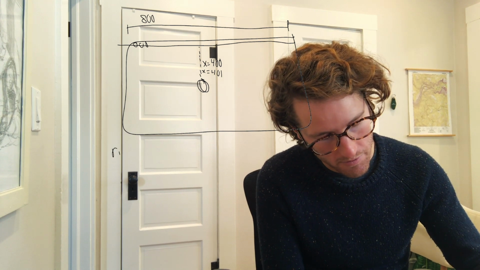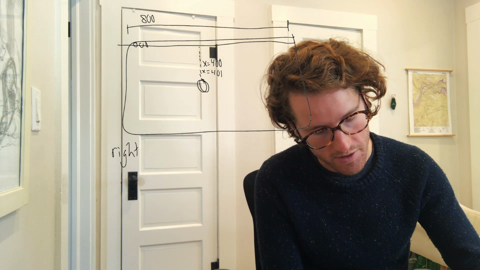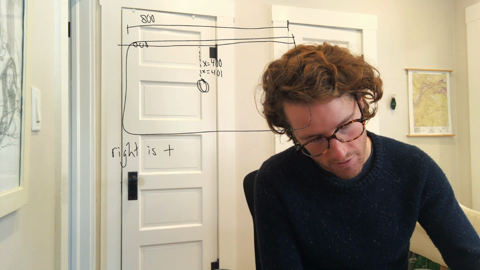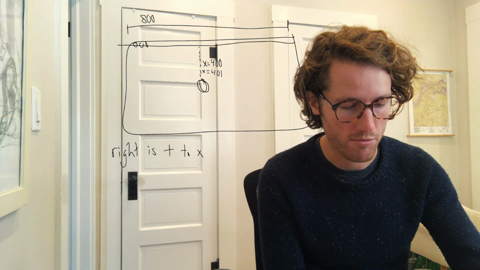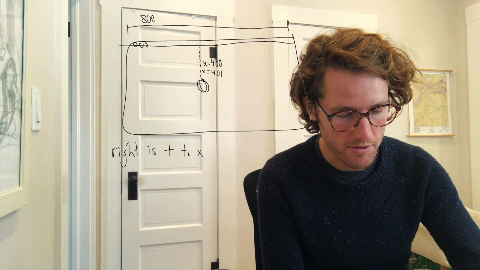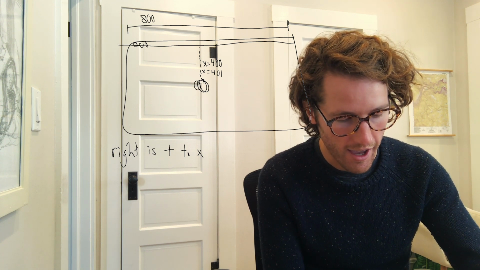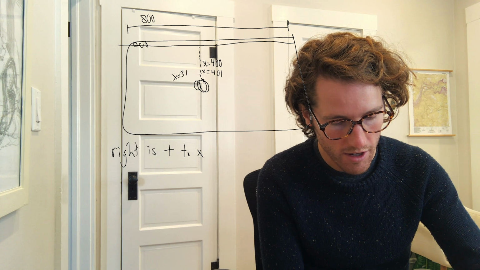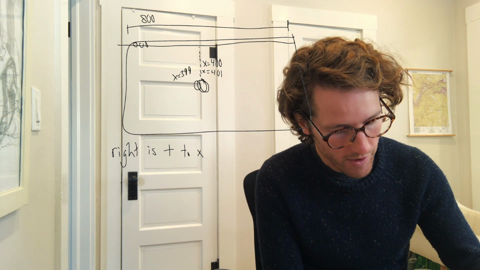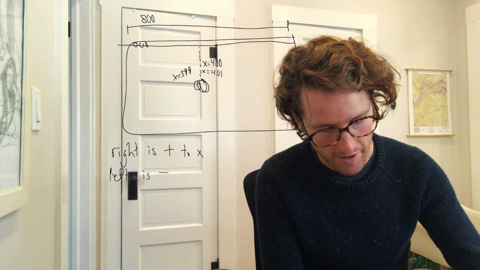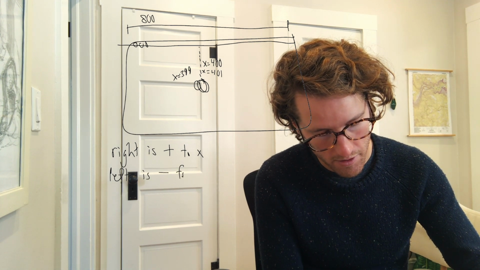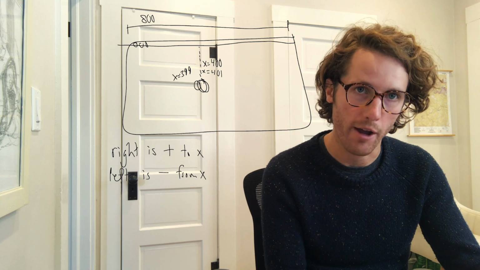So right is adding to x. And in the same way, if we were to move, let's say, 2 pixels back to the left, x is now 399. So left is subtracting from x.